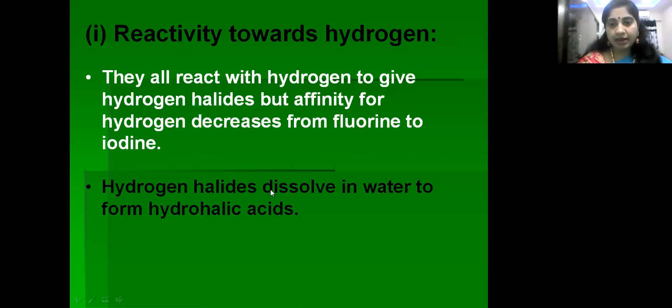Hydrogen halides dissolve in water to form hydrohalic acids. For example, hydrogen chloride, HCl: when it is dissolved in water, we get hydrochloric acid, HCl. So hydrogen chloride and hydrochloric acid have the same formula, HCl. Hydrogen chloride is a gas, and when it is dissolved in water, it is called hydrochloric acid.